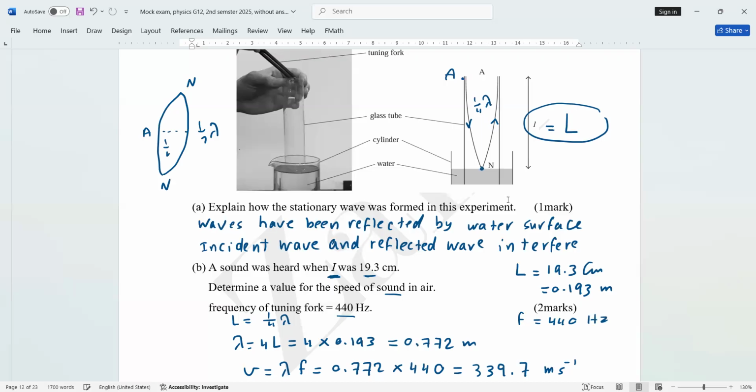So L equals a quarter lambda. Then lambda equals 4L. L is given, we multiply by 4. We have the frequency, then we use the formula V equals lambda F to get the speed. Okay, now. Next question.